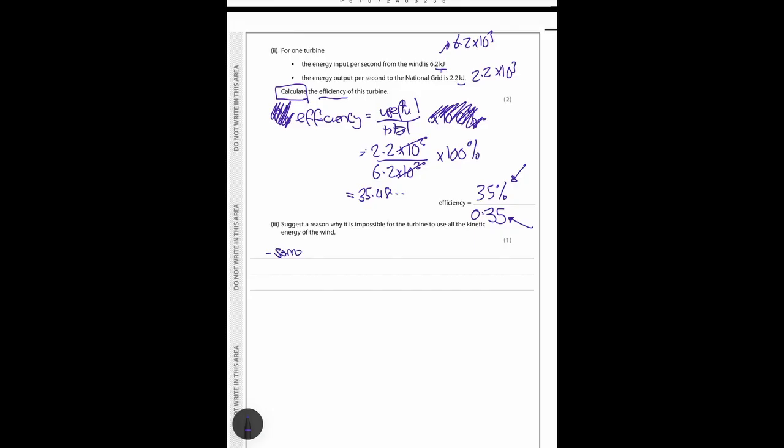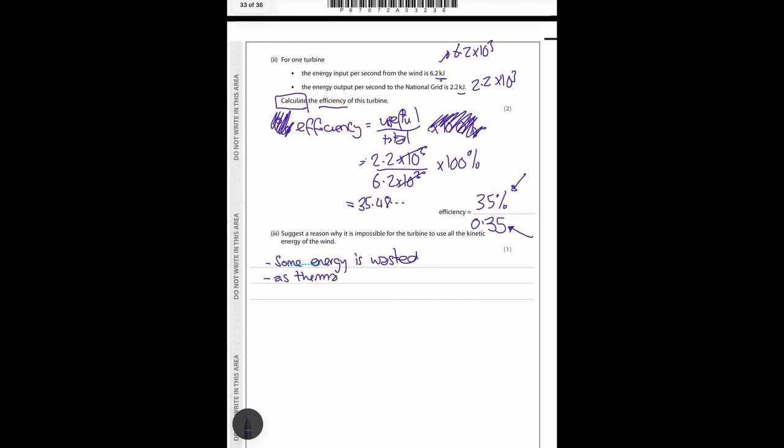So some energy is wasted as thermal, due to friction. And then I've got to say friction where, and in this case it'll be friction of the blades, or friction within the turbine or the generator, or something like that. So friction in the turbine.